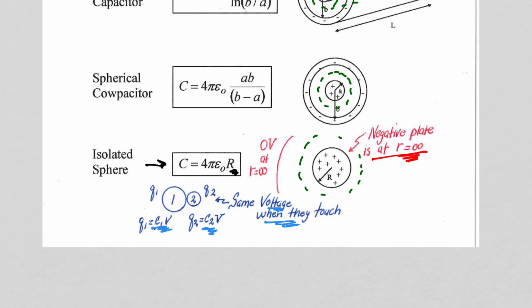So in electrostatics, we won't have a voltage difference allowing for the movement of charge. It'll equilibrate, same voltage when they touch. But the charge on the smaller ball will be less than the charge on the bigger ball based on the capacitance value, the C2, and it's linearly proportional to R. So if the radius is half the radius of the larger ball, it'll have half the charge.